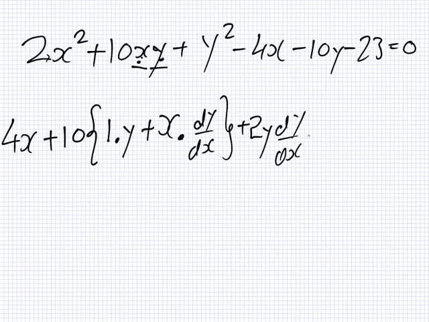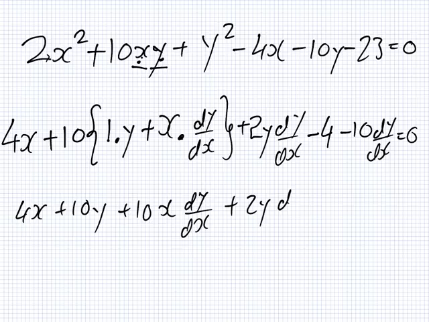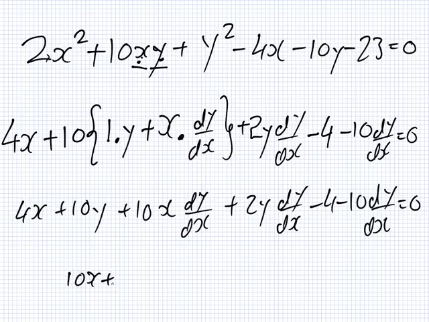Next, minus 4, minus 10 dy/dx equals 0. So we get 4x plus 10y plus 10x dy/dx plus 2y dy/dx minus 4 minus 10 dy/dx equals 0.